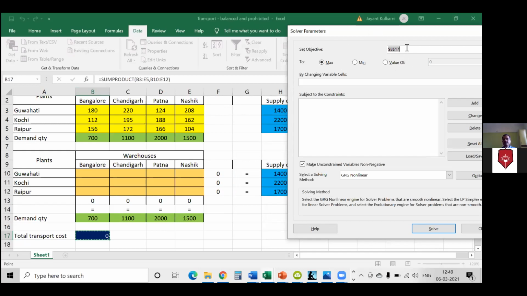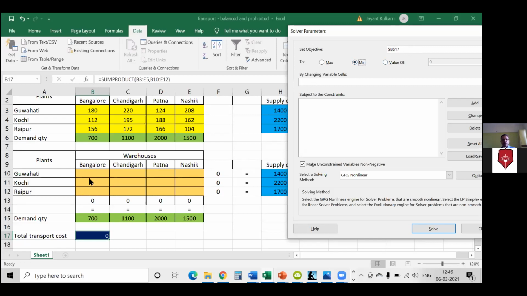So I capture B17 here, which is me telling Excel that I want the value in this cell to be set to minimum because we want to minimize the total transport cost. So I select minimum. Set Objective is the field where the formula for total transport cost is, and you are setting it to minimum.